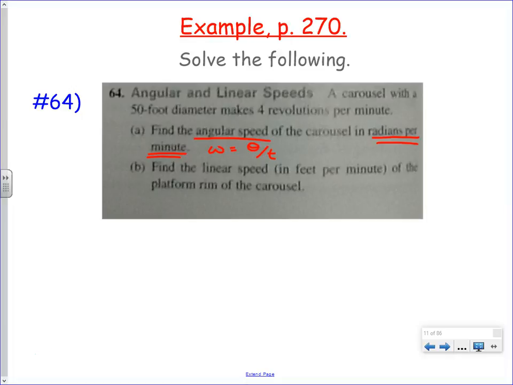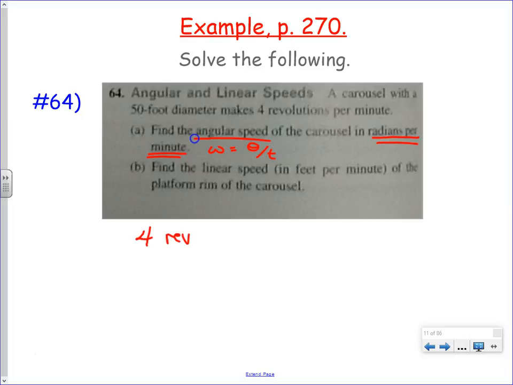What do we have right now? Did they give us an angle? No. Did they give us a time? No. What did they give us? Revolutions and radius. They gave us 4 revolutions per minute. Didn't we just talk about revolutions a second ago? What does revolutions mean?